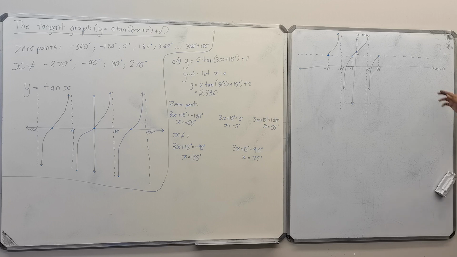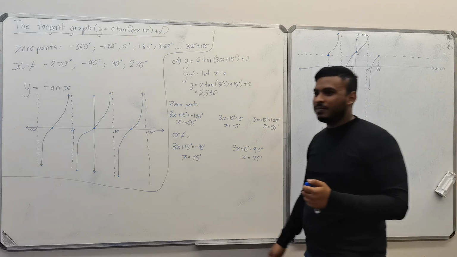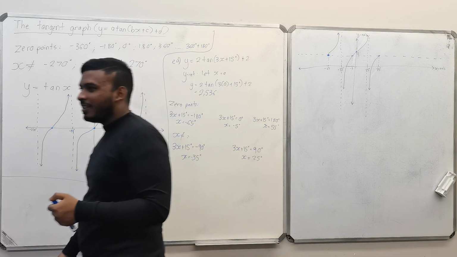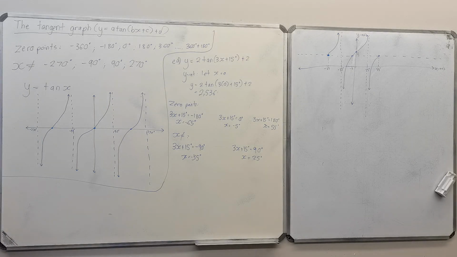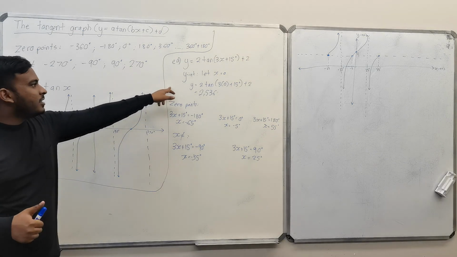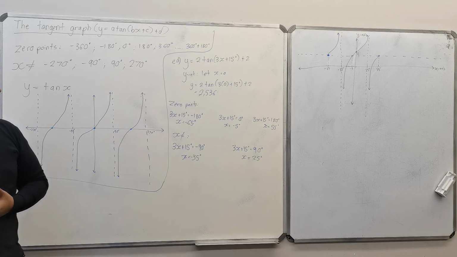I don't know why this always happens to me. I'll see it shift up, but I'll still draw it on the x-axis. Yesterday I did the same thing. You wanted to put down the information and then you stopped. Remember you said you wanted to put it where it crosses the y-axis, it's 2.5. Am I right? If you let this equal 0. So the point is supposed to be 2.5, not 2.